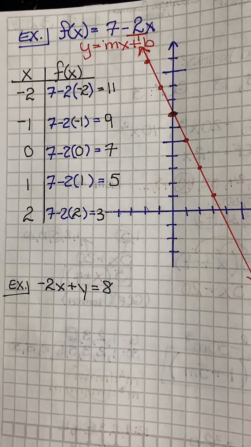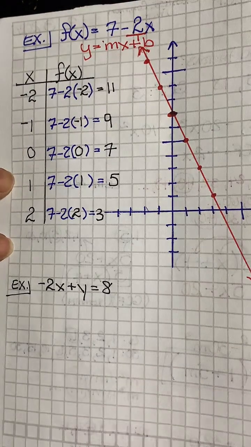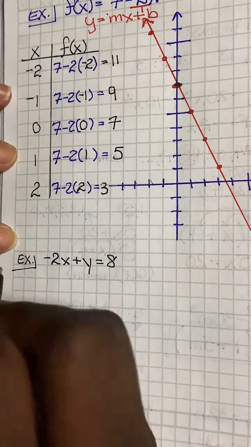Yes. Now, here's the thing. We don't necessarily have to put it in slope-intercept form. We can use what are called the intercepts to help you graph it. So, we know about the y-intercept. I'm going to show you both ways, okay? And you figure out which way you like.